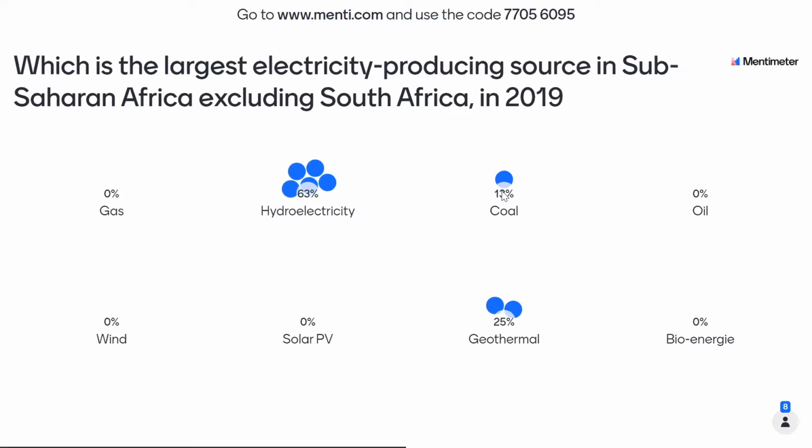If we included South Africa in this analysis, hydro would still be the first one, but coal would have a higher share, because if you look at analyses of South Africa, you will see how reliant they are on coal power production, especially for electricity.